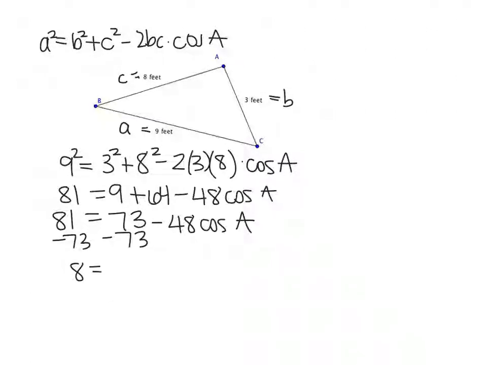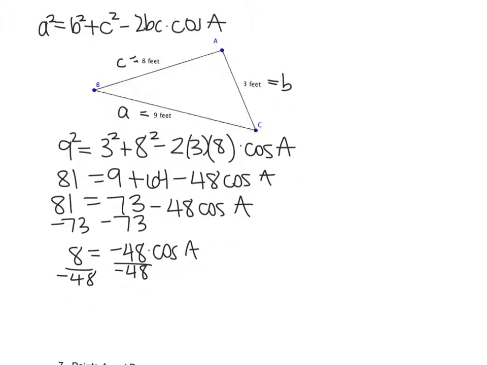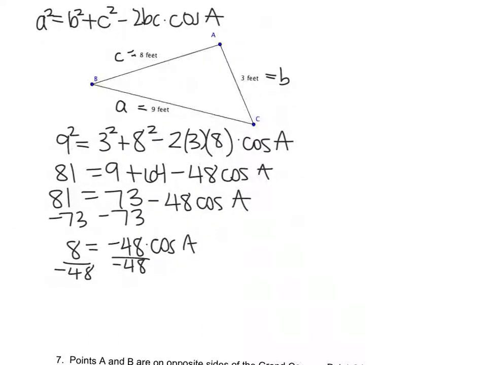We get 8 equals negative 48 times cosine of A. Divide by negative 48. And we want to leave 8 divided by negative 48 as a fraction in simplest form. That's going to give us negative 1/6. Now we're going to take the cosine inverse of both sides.